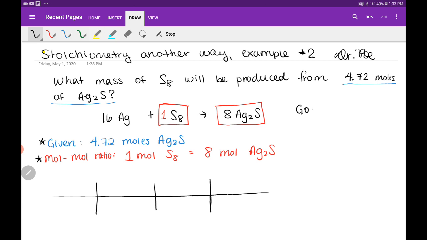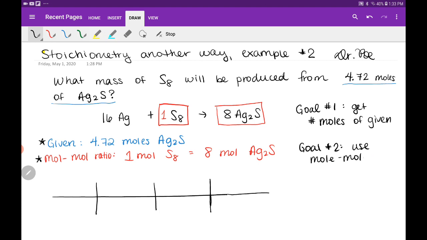And our first goal, number 1, we want to get the number of moles of the given, and then our goal number 2 is to use the mole ratio. So why do we need to get moles?